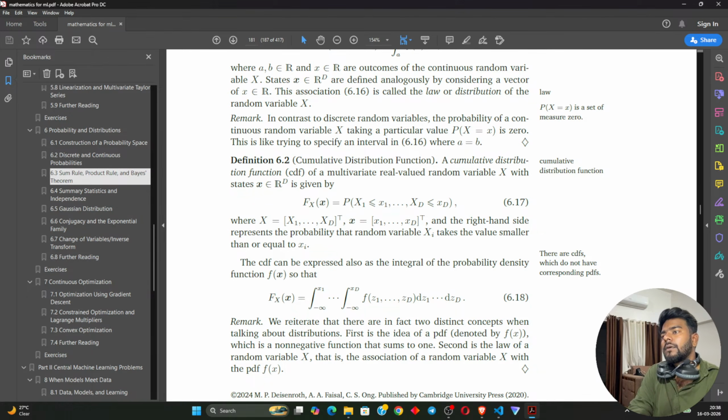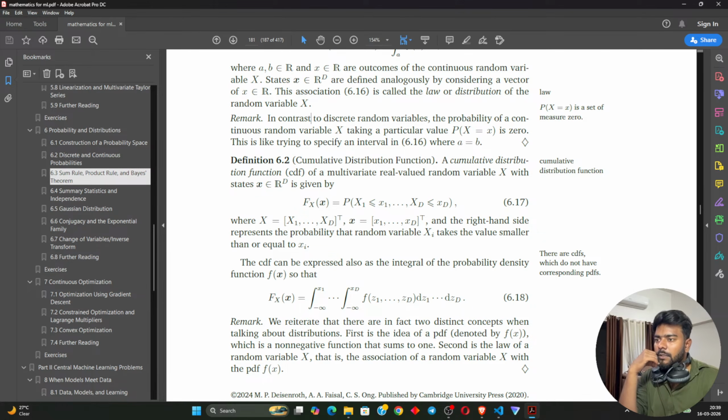Here X is the vector x1, x2, up to xt transposed, and small x is x1, x2, up to xt transposed. The CDF can also be expressed as the integral of the probability density function f of x, so that F_X(x) equals the integral from minus infinity to x1 ... minus infinity to xt of f(z1, ..., zd) dz1 ... dzt.